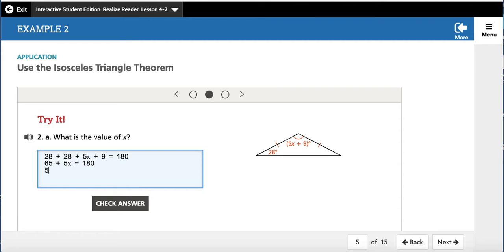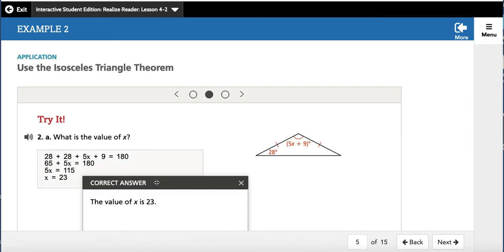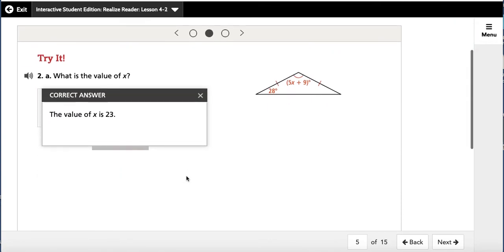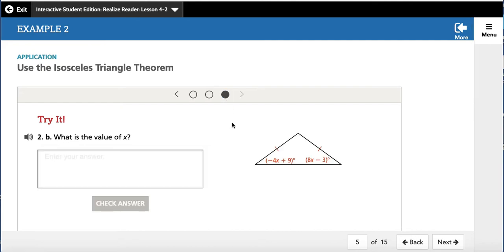Subtract 65 from both sides, and I have 115. Divide both sides by 5, and 23. What's the value of x? Sometimes they're going to ask you what's the measure of this angle, so you want to plug it back in. But here they say what's the value of x? I think it's 23. 23 it is. All right, give us another one, please.